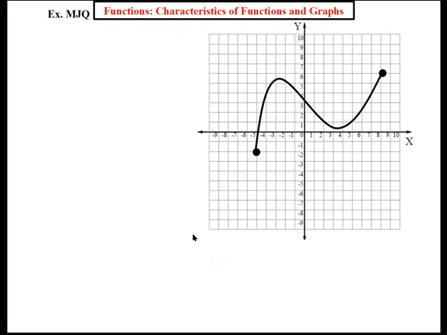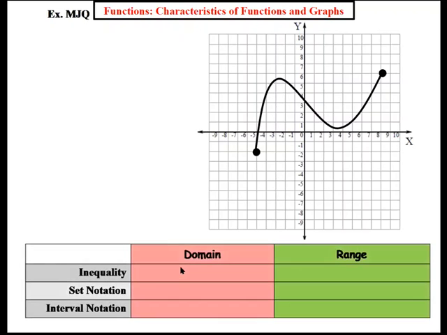All right, so for this one, I was going to ask you to find me the domain and range using the 3 different notations, but we already know how to do that. We've been doing that already before we left for break, right? Yes, Mr. Q. So if we were to look at the domain, the farthest point to the left is this one. All the way to the right is this one.